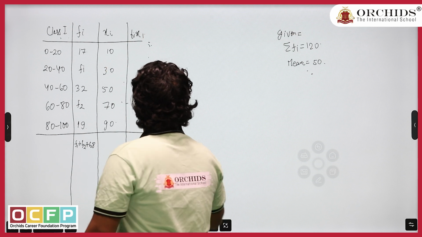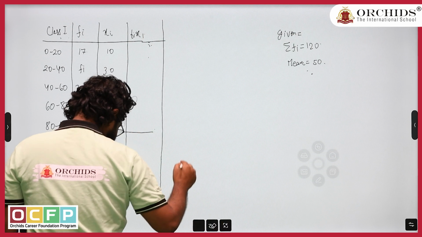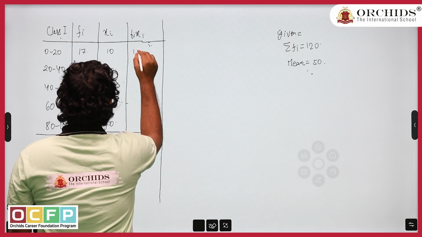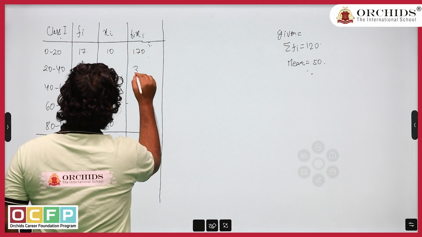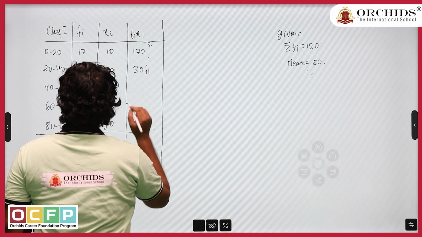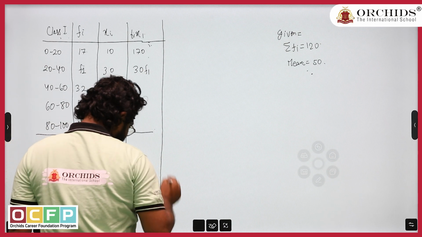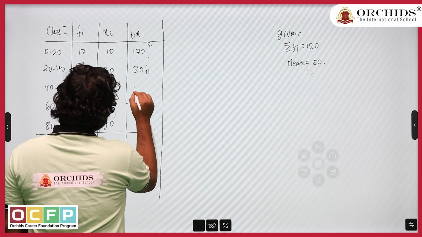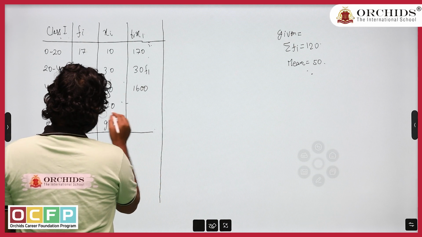So we will multiply. When we multiply, what are we getting? 170, then we are getting 30 f1. So this is f1. Then we are getting 1600, and now we are getting 70 f2.